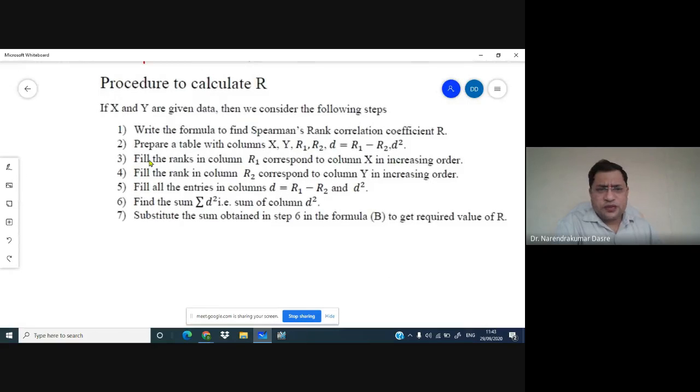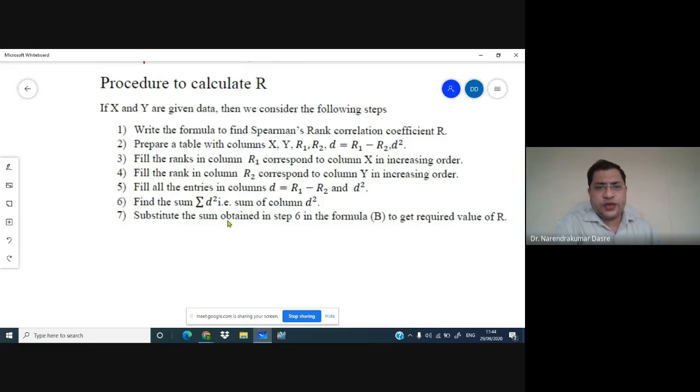So how to give the ranks? Ranks we have to give in an increasing order. As I said, more marks, better rank. So that is the first principle that I'm going to use. Then we give ranks, find the difference, square the difference, and then find the sum of these squared differences.